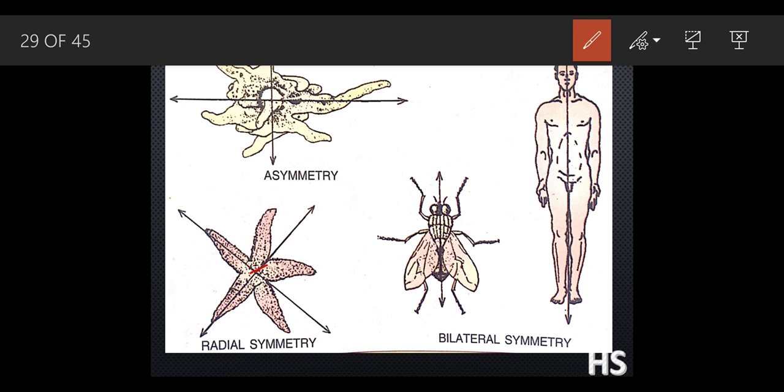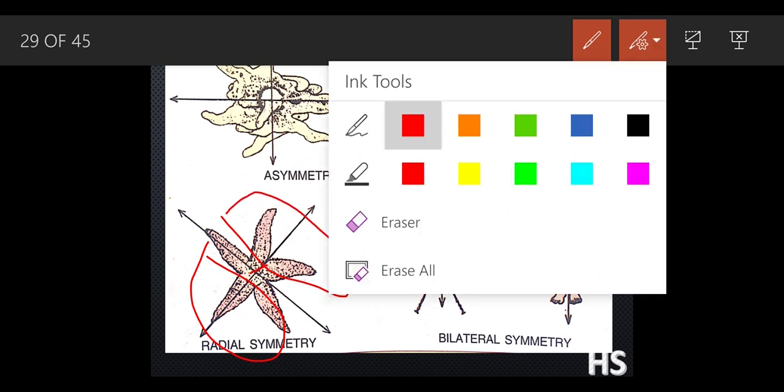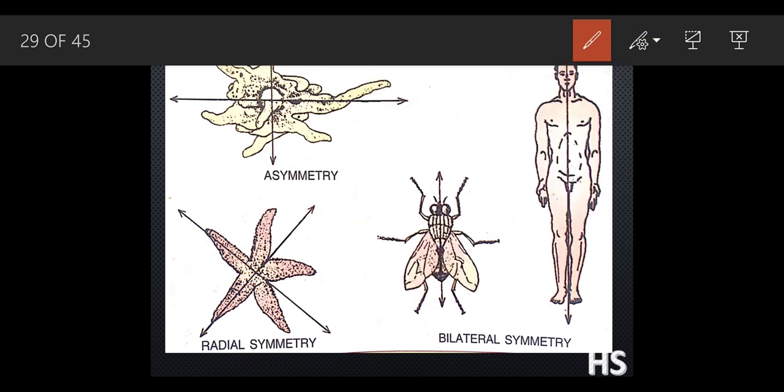This is known as radially symmetric. From the center, this half and this half are similar, because it is divided from the center, so it has got the name radially symmetrical.